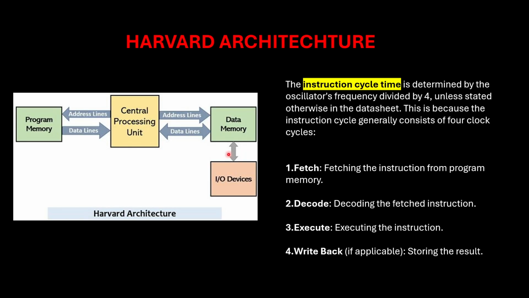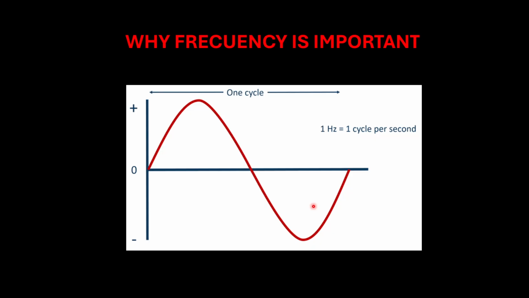That means that our microcontroller is going to perform 4 steps in order to complete one operation, okay? And these 4 steps are the following. The first one will be fetch, the second one will be to decode, then to execute, and finally to write back. So these 4 steps are mandatorily performed to complete one operation. This is very important to remember, okay?